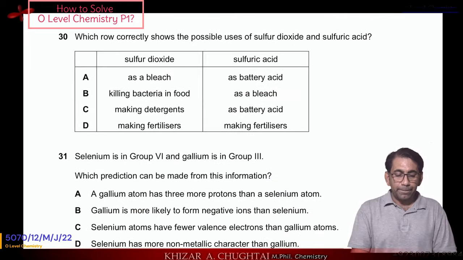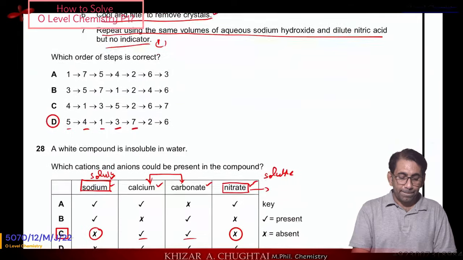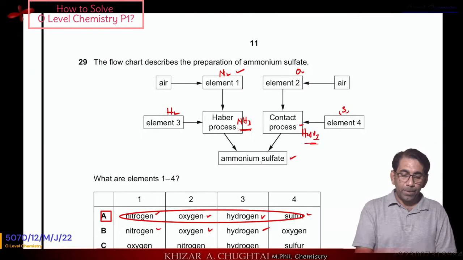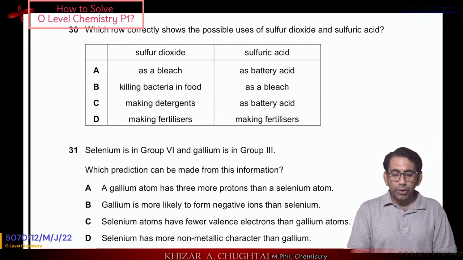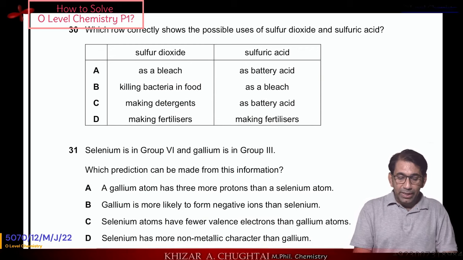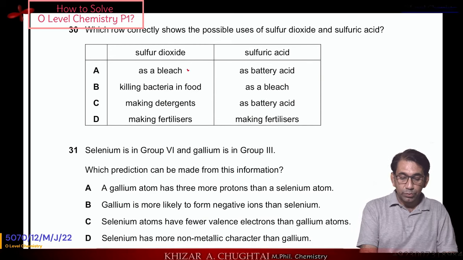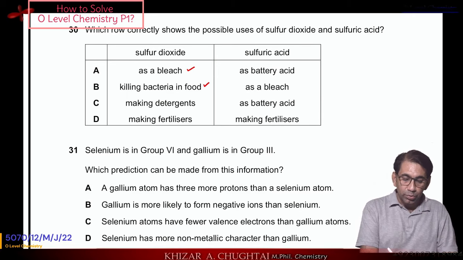Question number 30. Which row correctly describes the possible use of sulfur dioxide and sulfuric acid? Sulfur dioxide may be used as a bleach. Yes, it is true. Killing bacteria in food. Yes, it is true.